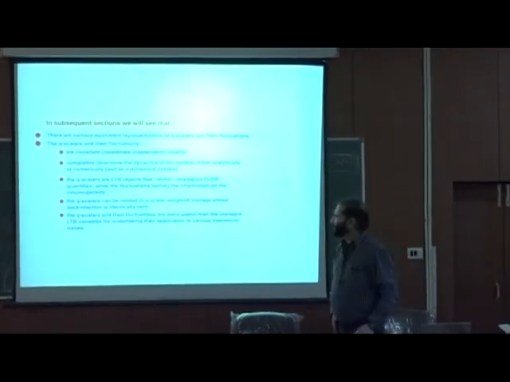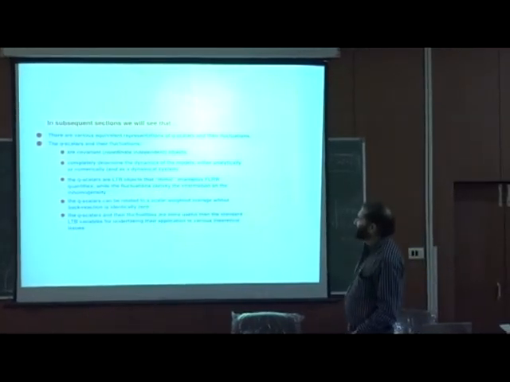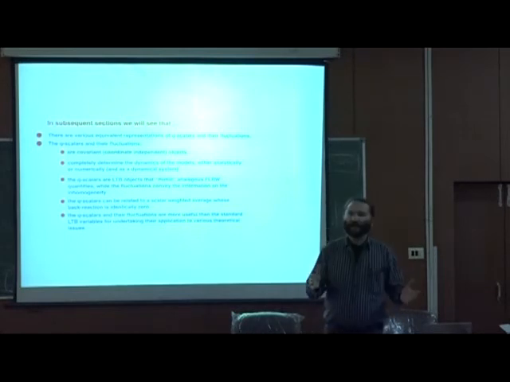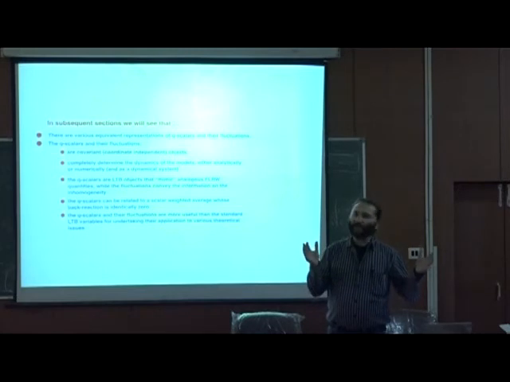Also, the Q scalars and their fluctuations are more useful than the standard LTB variables when applying them to various theoretical issues. For example, back reaction. What is back reaction? Back reaction is the nonlinear effect on the evolution of overdensities and inhomogeneities when you study their averages.